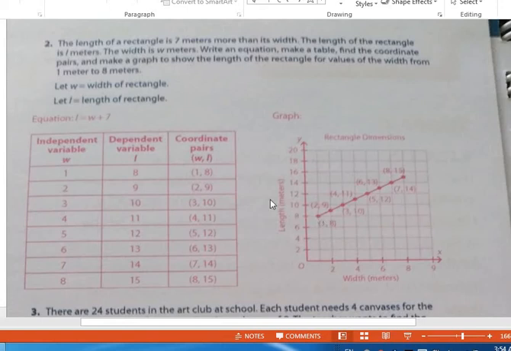This is the first point. Then 2 and 9, go 2 and then up 9. Then 3 and 10, and so on. Then draw a line connecting the dots. And this is the graph.